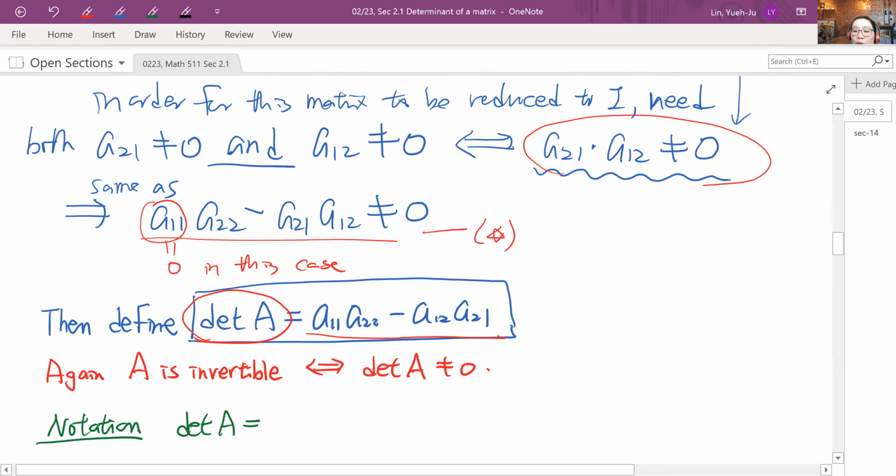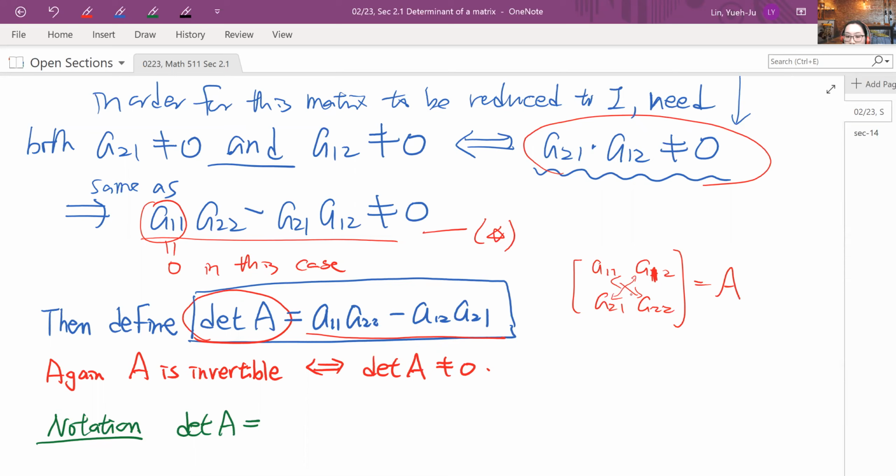For a general 2x2 matrix like this, you multiply the diagonal A11 A22 and subtract the product of the off-diagonal. This formula for 2x2 is not hard to memorize.